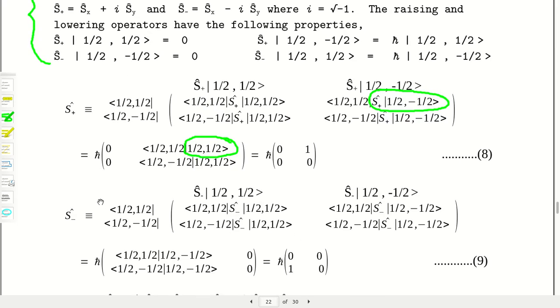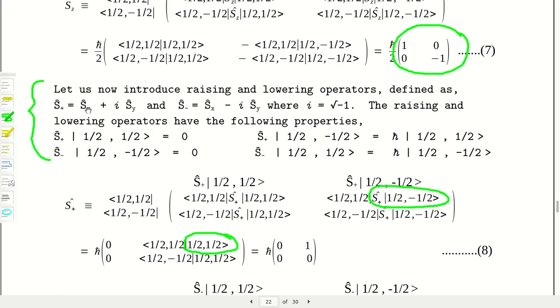Now, we want to find Sx and Sy. So Sx and Sy can be found through these equations. Just add the two equations. It will give you S plus plus S minus equal to twice Sx.